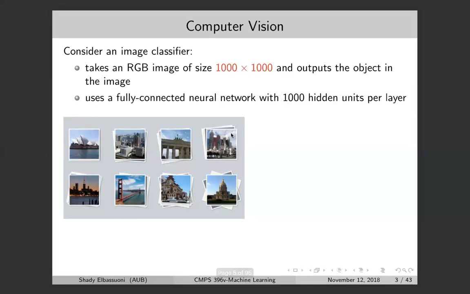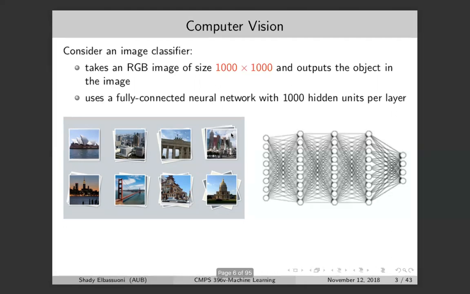Okay, so I could use a fully connected neural network with 100 hidden units per layer. Why am I saying using a neural network? Because convolutional neural networks are just a type of neural network. What do I mean by this? The input will be the pixels in the images. So each one of these in the input layer represents one image, and these are just the pixels, the 1000 by 1000 pixels.